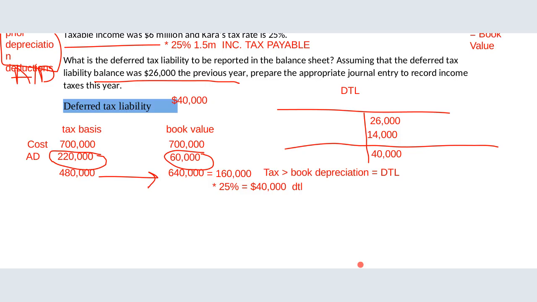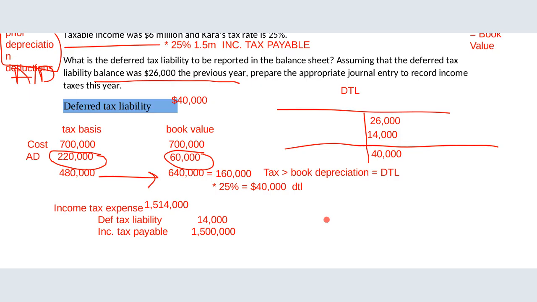And then we're going to have a credit to income tax payable, and we said that was 1.5 million. So it looks like income tax expense is going to be 1,514,000. So that's our journal entry, our evaluation, and that's it. That's it for that one.